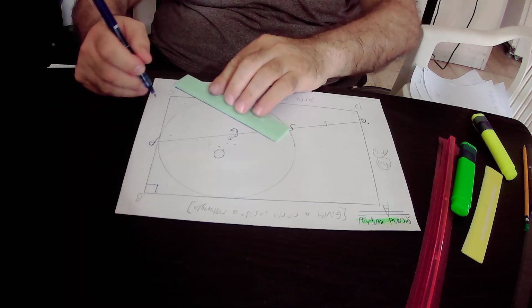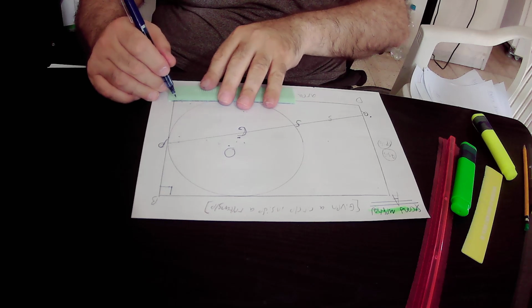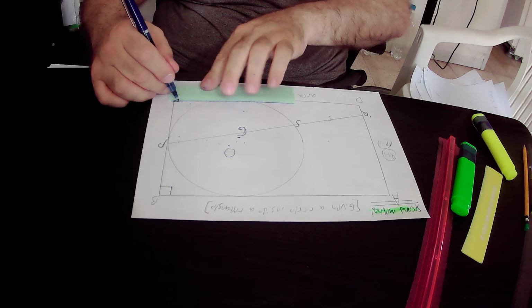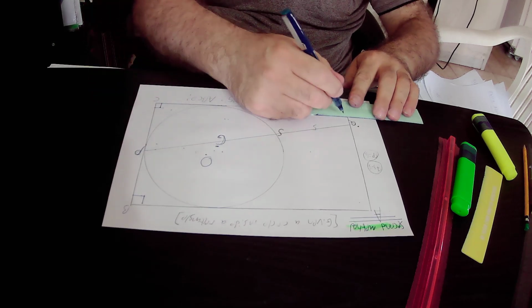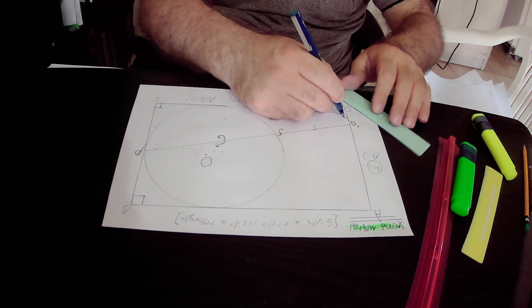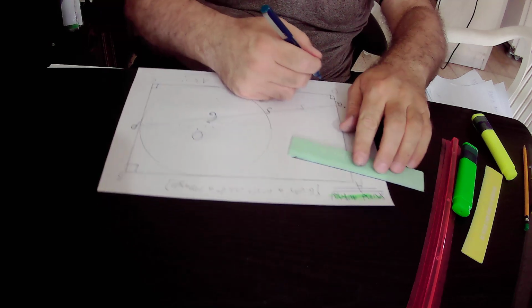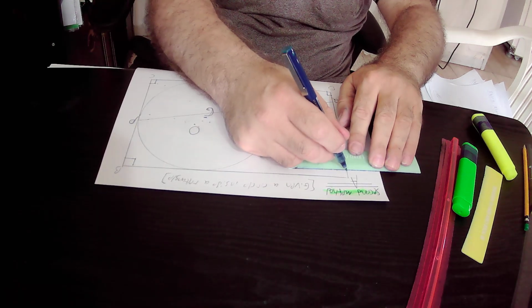This angle also equals 90 degrees. This angle equals 90 degrees. And finally, this angle is also a right angle, equal to 90 degrees.